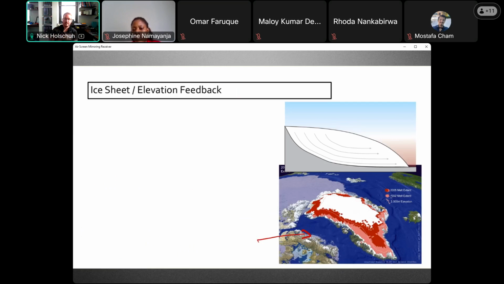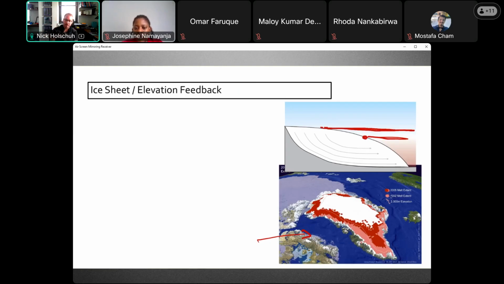There's actually a strong positive feedback in glacier systems that when the air temperature warms, we might change this boundary between the accumulation and the ablation zone. So we'll change at what elevation melt is occurring. As the atmosphere warms, melt creeps up to higher elevation.